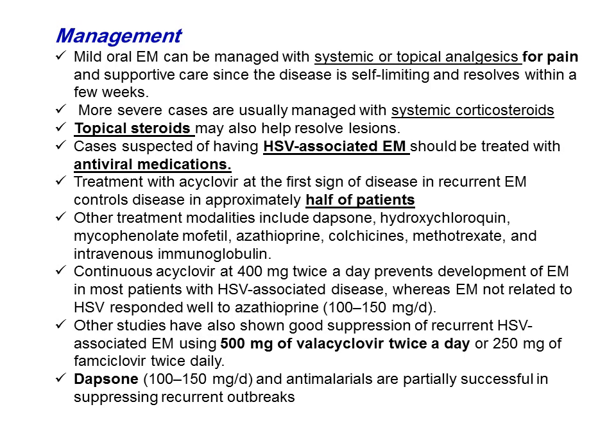Other studies showed good suppression of recurrent herpes simplex virus associated erythema multiforme using 500 mg of acyclovir twice a day or 25 mg of acyclovir twice a day. Also, studies showed that dapsone at 100 to 150 mg per day and anti-malarial medications are partially successful in suppressing recurrent outbreaks.